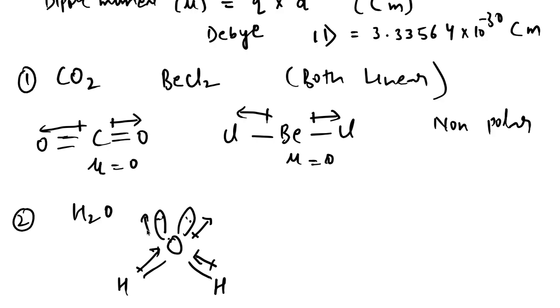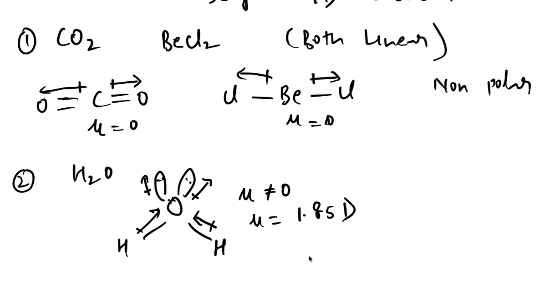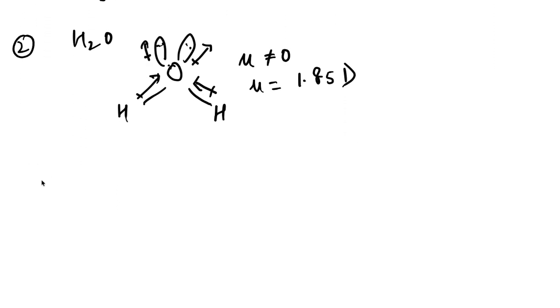So we have something like this. Because of this, overall the dipole moment would not be equal to 0. In fact, to be precise, its dipole moment is 1.85 D. Okay, now let's move to some other example.